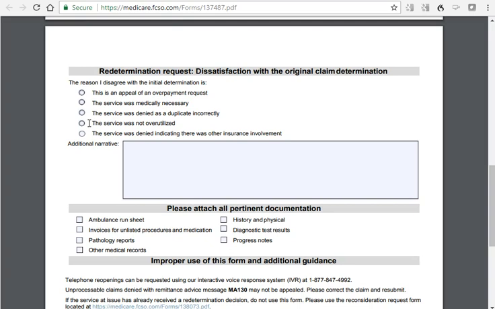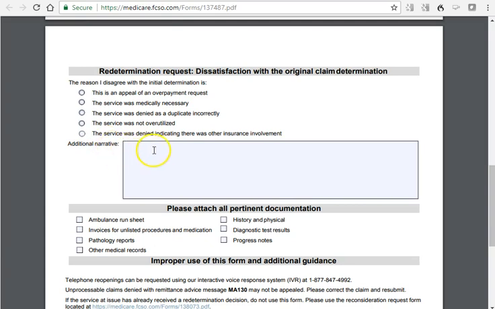And sometimes those numbers get sort of lost in the back and forth. So we can appeal on that case. Or the service was denied, indicating there was other insurance involvement, meaning that the patient had a different primary insurance than the one we submitted.